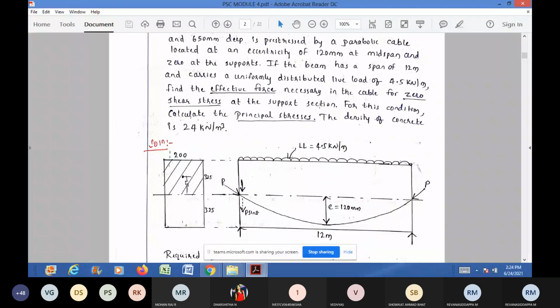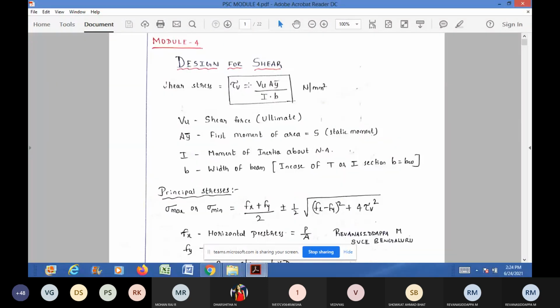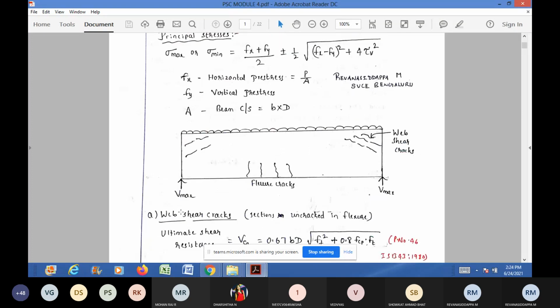For this condition, calculate the principal stresses. It is also asked to find the principal stresses. Anyway, if you come to know that the shear stress at the support is 0, Fx and Fy we will calculate, and we will also find principal stresses for the same problem.